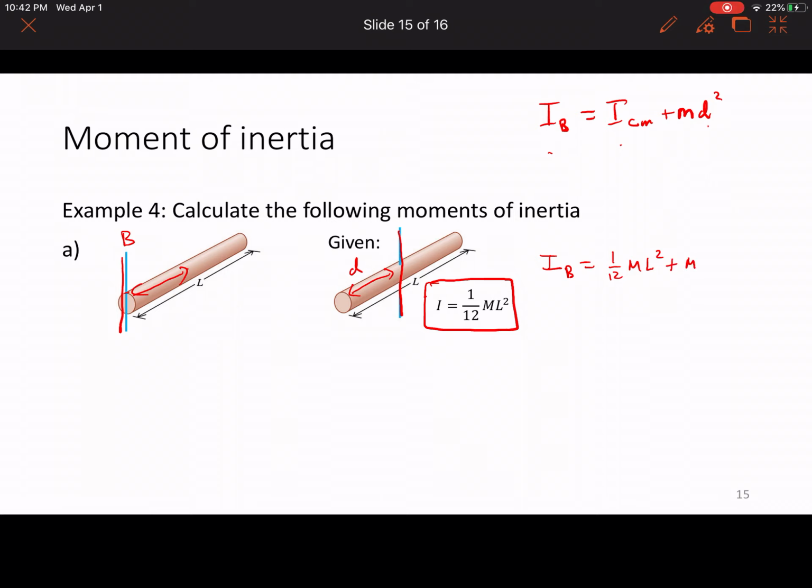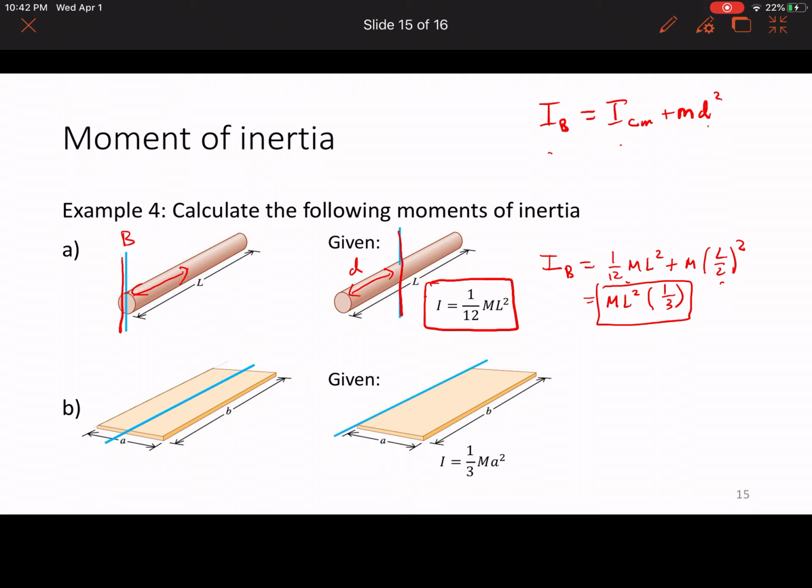So mass times distance, L over 2 squared. That's ml squared. That factorizes times 1/12 plus a quarter. And you can quickly check this. A 12th plus a quarter is a third, which is exactly what we had from the previous table.